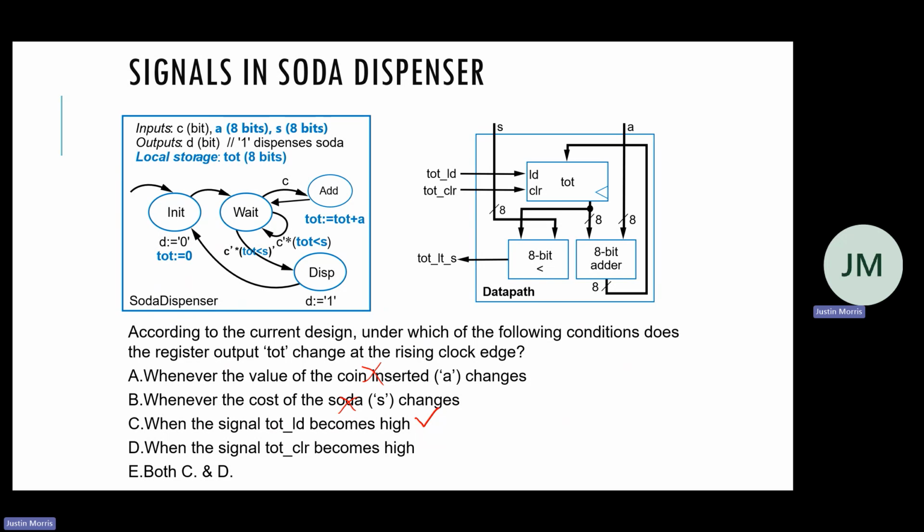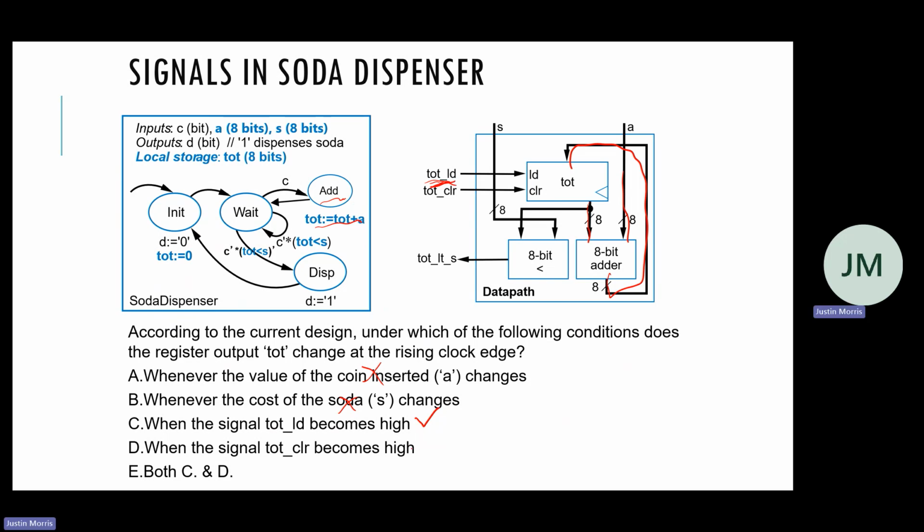So the total load being 1 is what would cause total to change. So the key is that when we are in add, we need total to change based on the load, right? Because if the load is 1, then we get on the input to total a plus total, right?